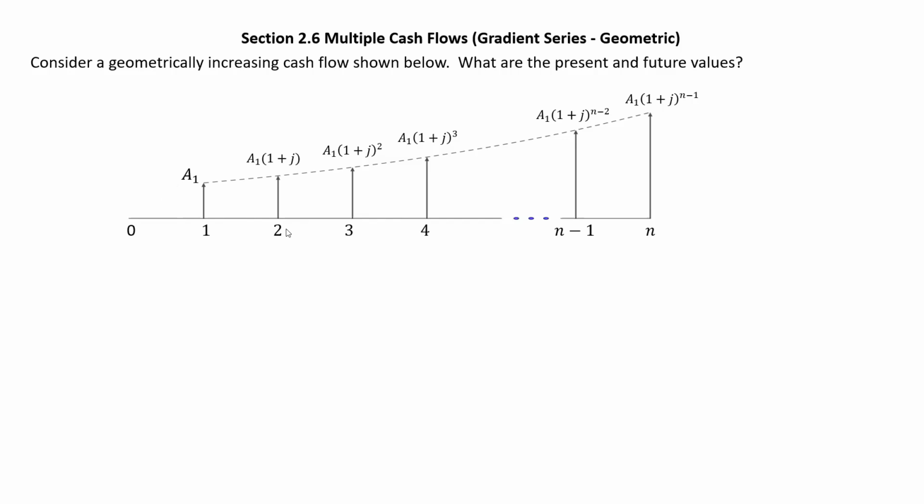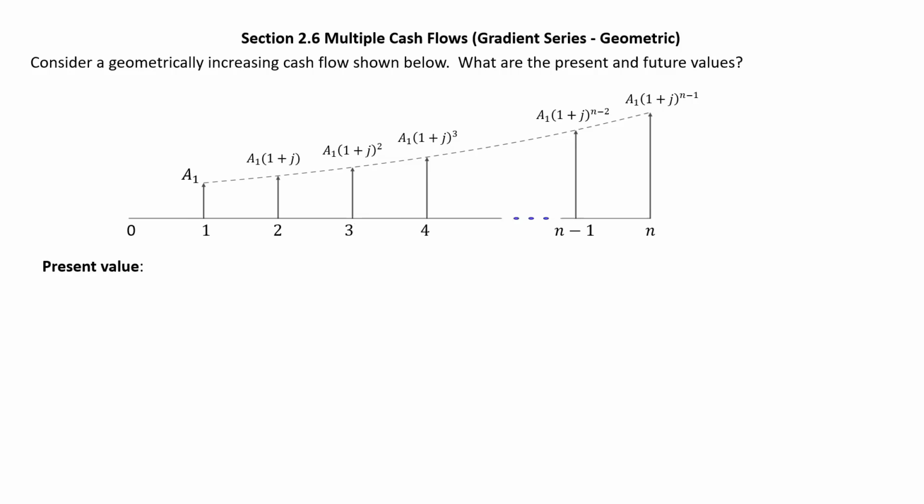Then the second one would be A1 times (1 plus j) times (1 plus i) to the negative 2. We are pushing it back by 2 years, and so on. I hope you get the idea. A1 times (1 plus j) squared times (1 plus i) to the negative 3, like that.